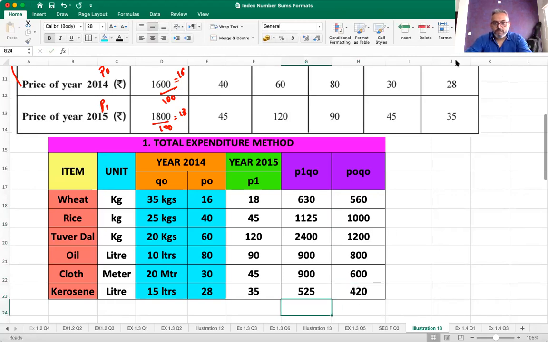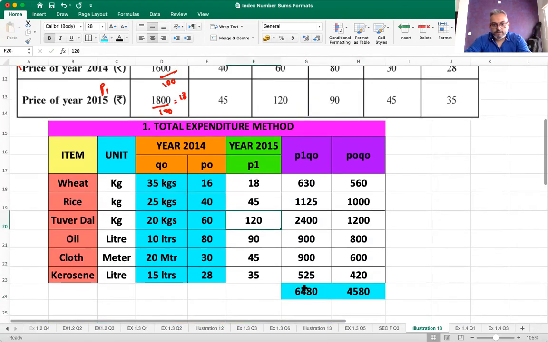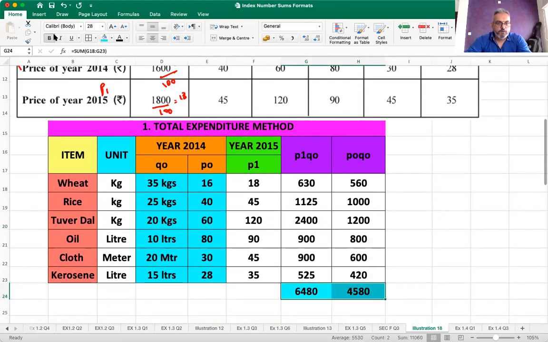Let's do the totals. So we have the total 6480 and 4580.